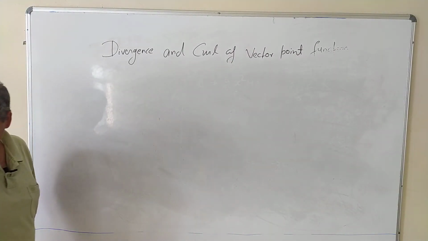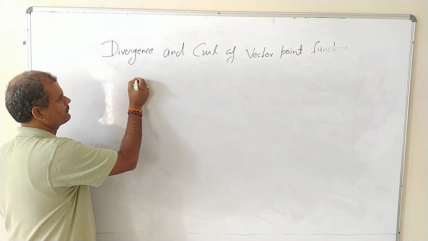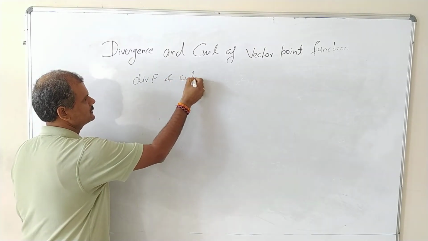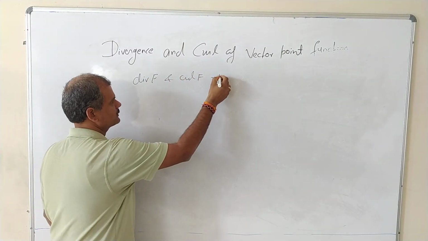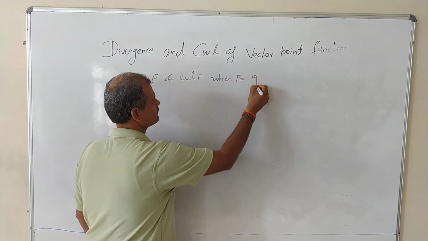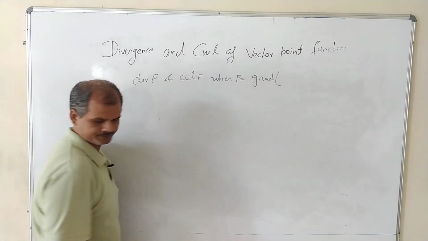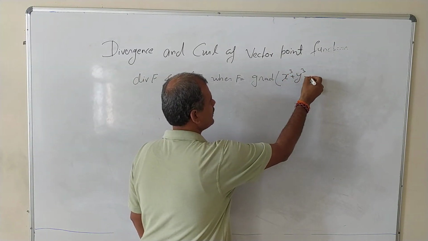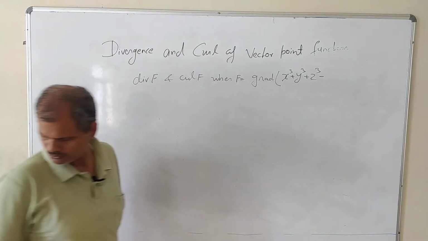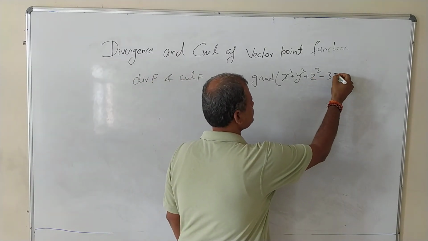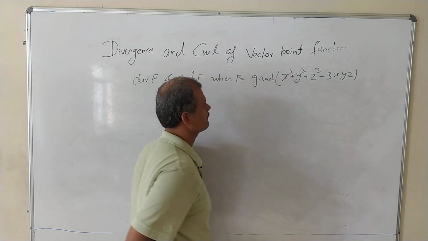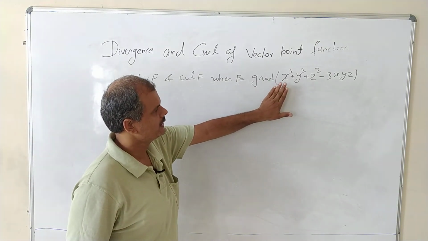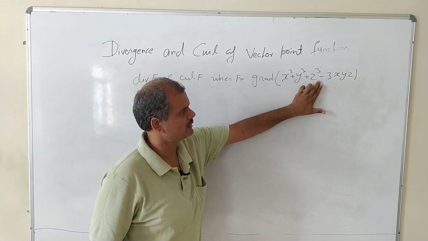So the question is, find the divergence of f and curl of f where f is given as the gradient of x cube plus y cube plus z cube minus 3xyz.